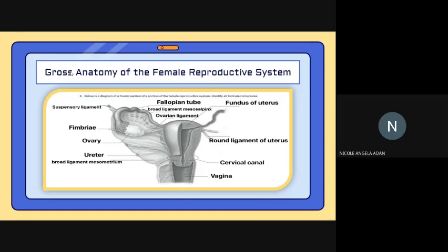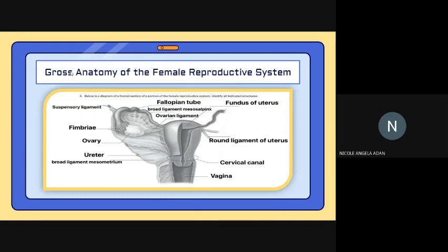And the fallopian tube in the center, broad ligament mesosalpinx, ovarian ligament. On the left side, we have suspensory ligament, fimbriae, ovary, ureter, and lastly, the broad ligament mesometrium. Okay, number 10, we have the uterus.